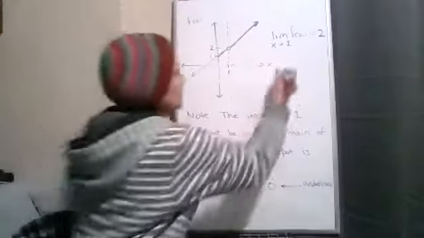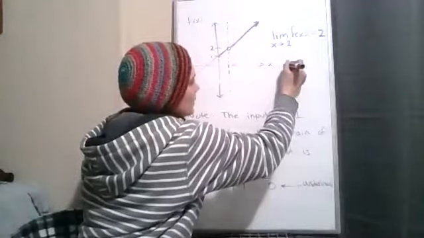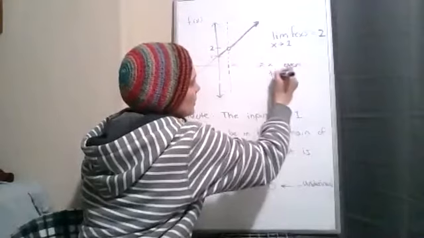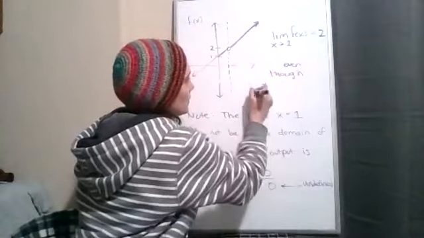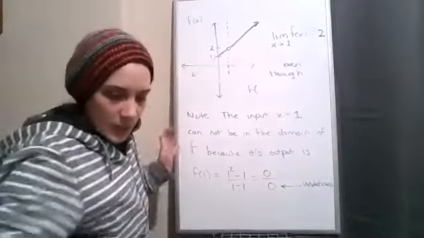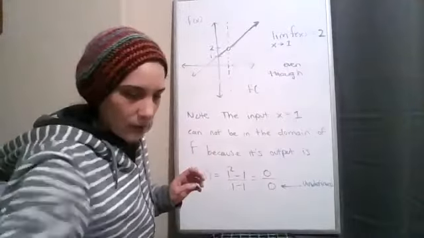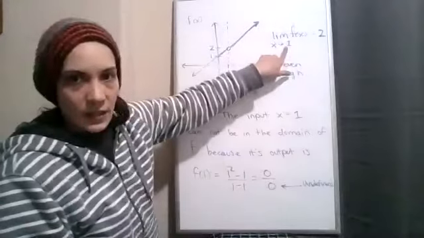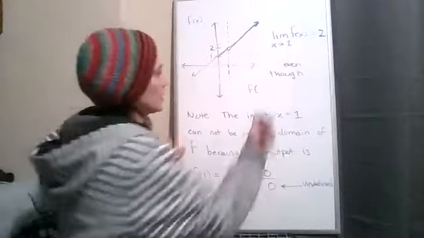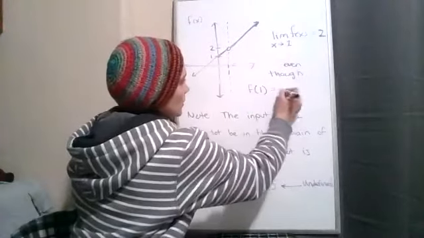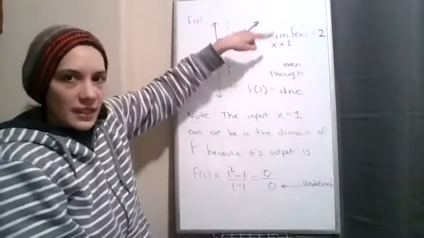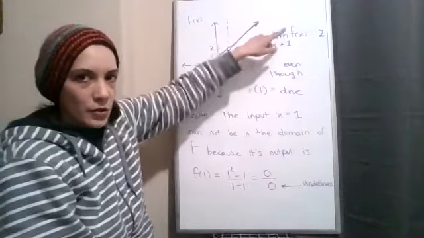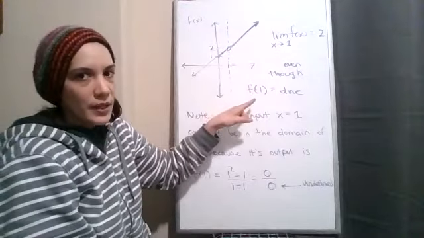Even though f of 1 does not exist. So you can find the limit as x goes to 1, but not f of 1.